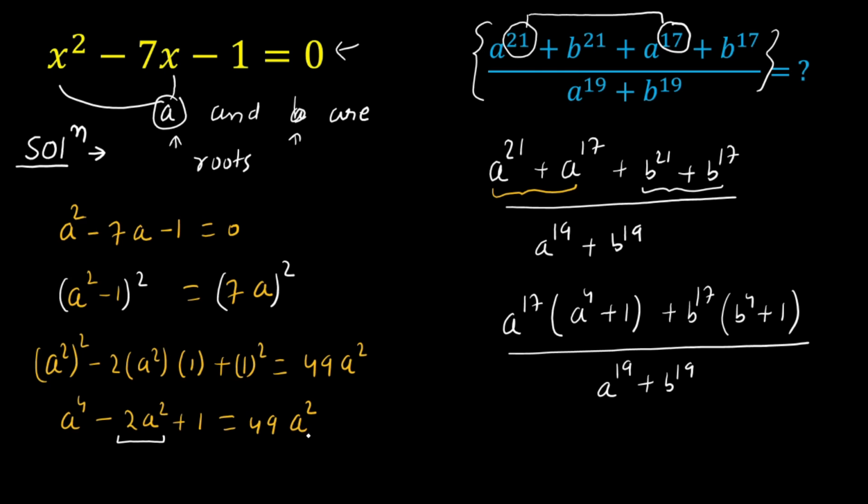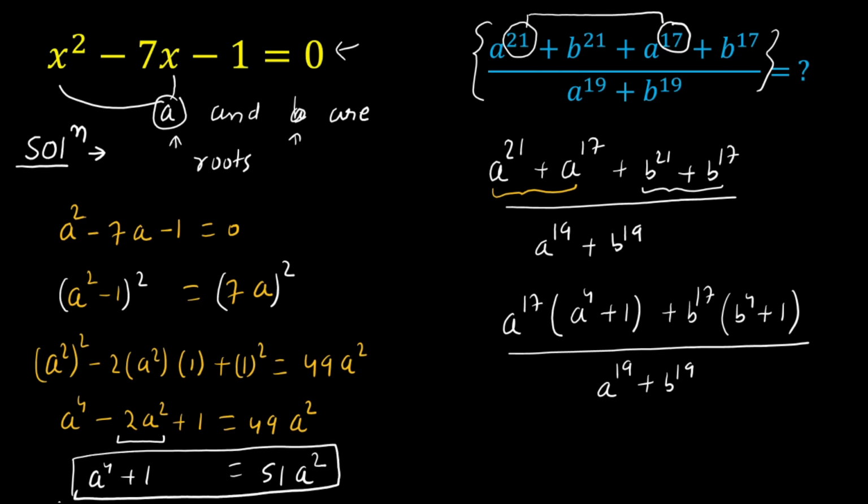If we take the -2a^2 to the right-hand side, it becomes +2a^2, and 49a^2 + 2a^2 is 51a^2. So on the left-hand side, a^4 + 1 = 51a^2.